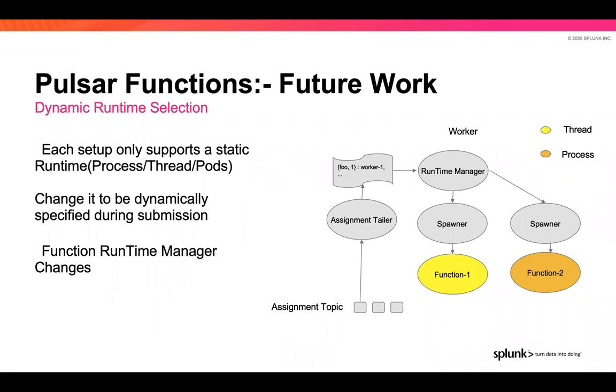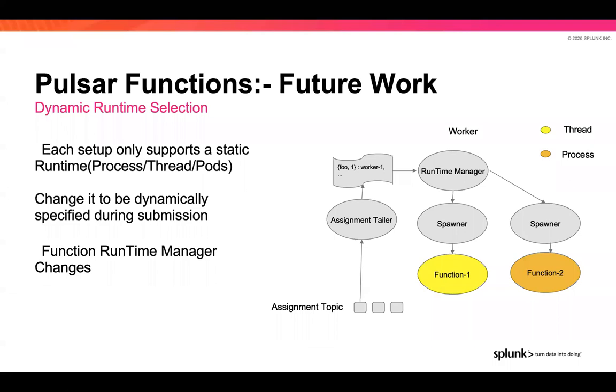And in some cases, you may not want to have that sort of blanket assignment, right? You might want more granular control, whether I want to run these functions as threads, these other ones as processes, and these as Kubernetes pods, based on what makes sense for you. It also allows you to change it dynamically at runtime as well.